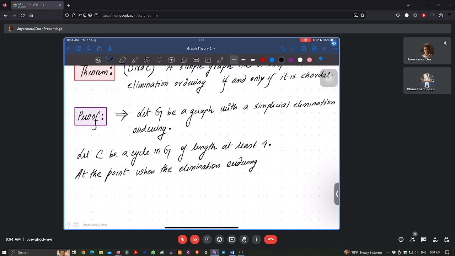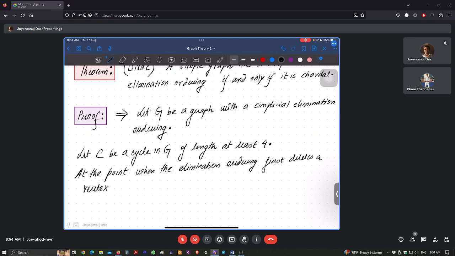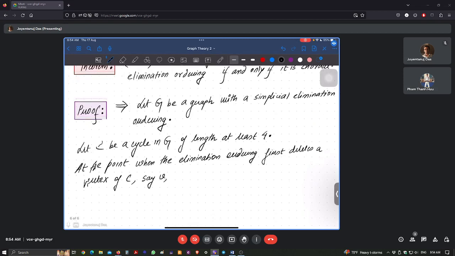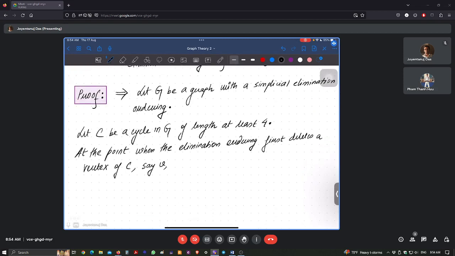So in this elimination ordering, it has to delete a first vertex from C, say U or V, right? Since it is an elimination ordering, suppose V is the first vertex of this cycle C that is deleted in this ordering, then by definition the remaining neighbors of V must form a clique, right? By definition of the simplicial elimination ordering, right?